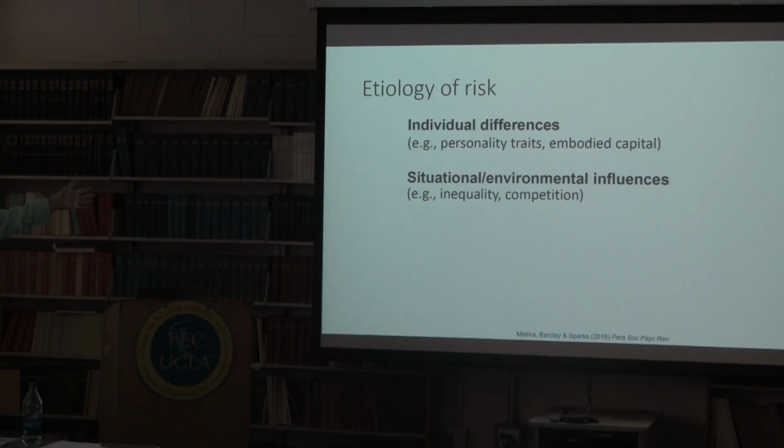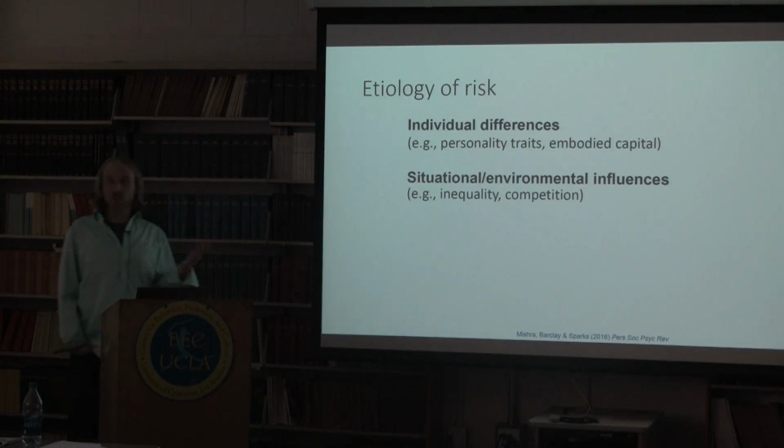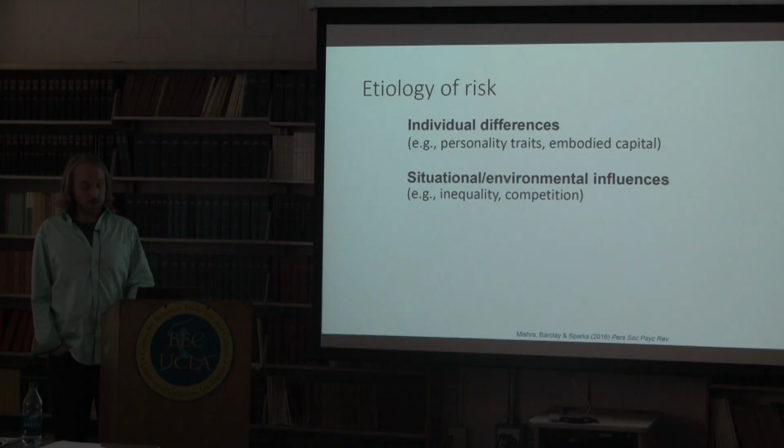So, in the homicide work that Martin and Margo did that I opened with alluding to, income inequality is a fantastic predictor of variation in homicide rates across jurisdictions of various sizes, probably related to the intensity of local competition. So you want to be able to account for these type of influences as well.